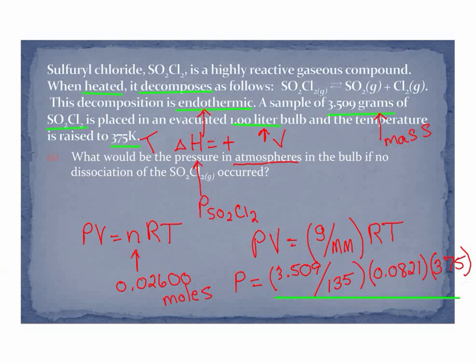And I have to divide by my volume, which fortunately is a nice, simple 1 liter. Now, if you crank through that algebra, you should get 0.800 atmospheres. I took that to 3 sig figs, because my volume's in 3 sig figs and my temperature's in 3 sig figs. Okay, so that's part A.